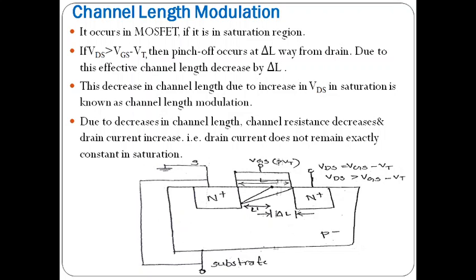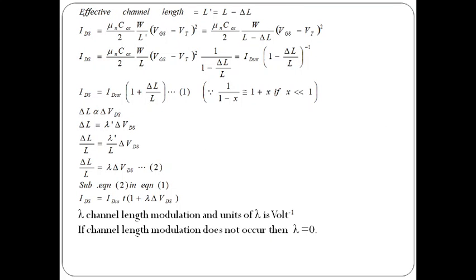Yes. So we can write now it is L dash. Why? Because it is reduced by delta L distance from the drain. Initially it is L distance. Now the effective length becomes L dash equals L minus delta L. So we can write IDS equals mu n Cox W by L, and mu n Cox W by 2 L dash, because we are writing in the saturation region, and we just made it whole square.